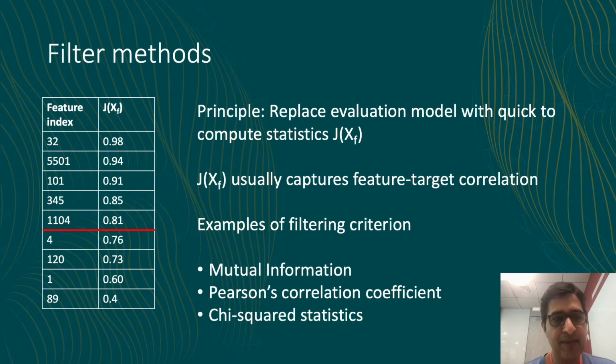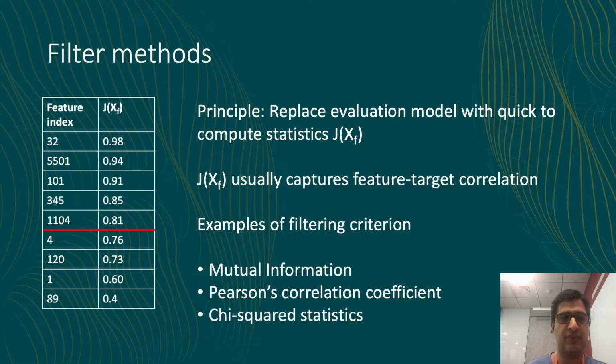The next set of methods are the filter methods, where essentially you have a statistic, let's say J, for each of the features, and you try to figure out the goodness of that feature. So for example, in this particular example, the goodness of feature number 32 is 0.98. Then you order them in decreasing order of their goodness, and decide what your budget is.